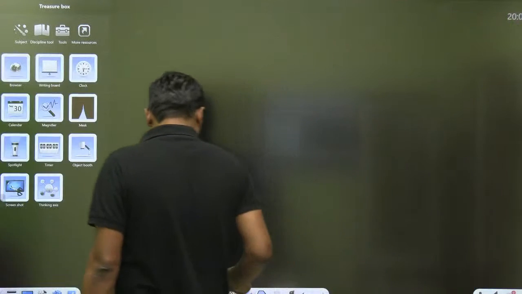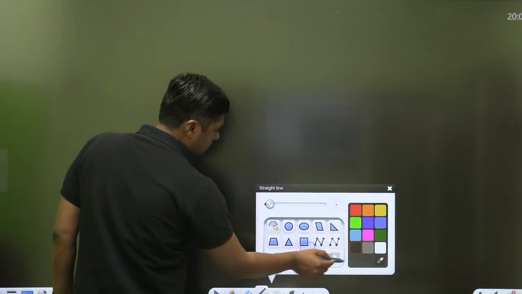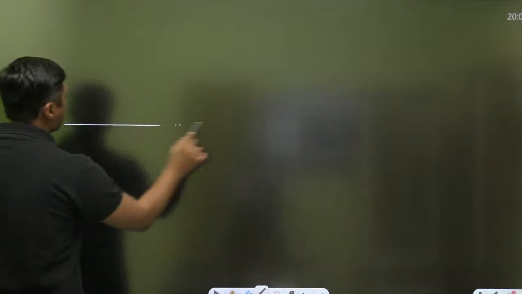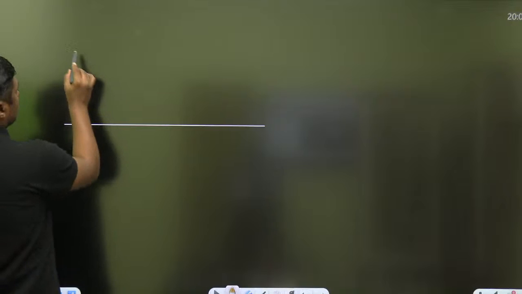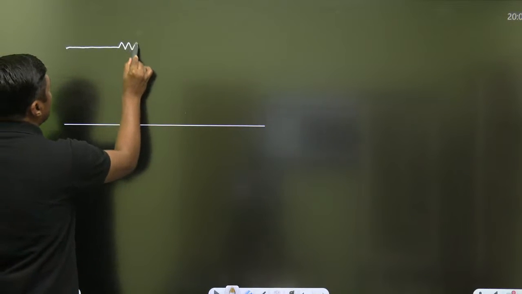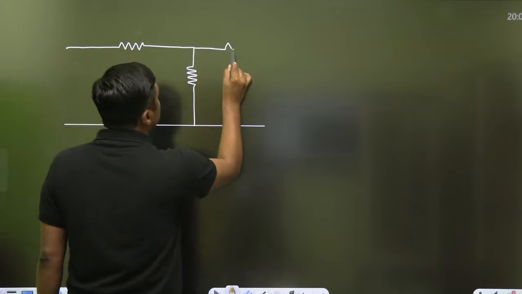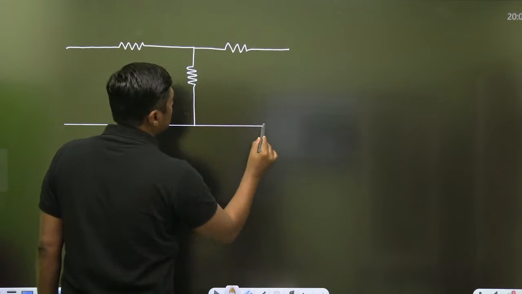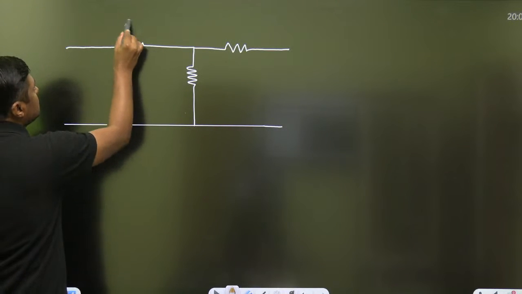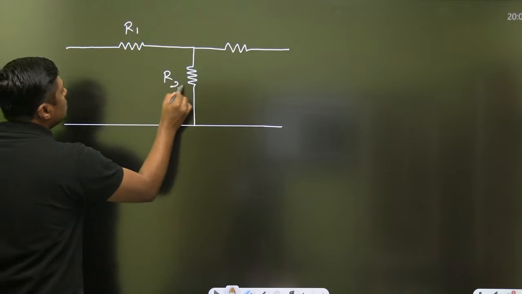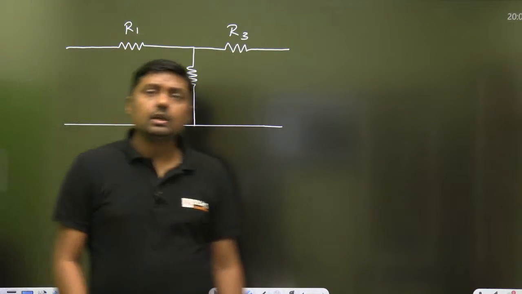For example, a very simple T network. This is the T network. For example, let this be R1, this be R2, this be R3. This is a simple T network.